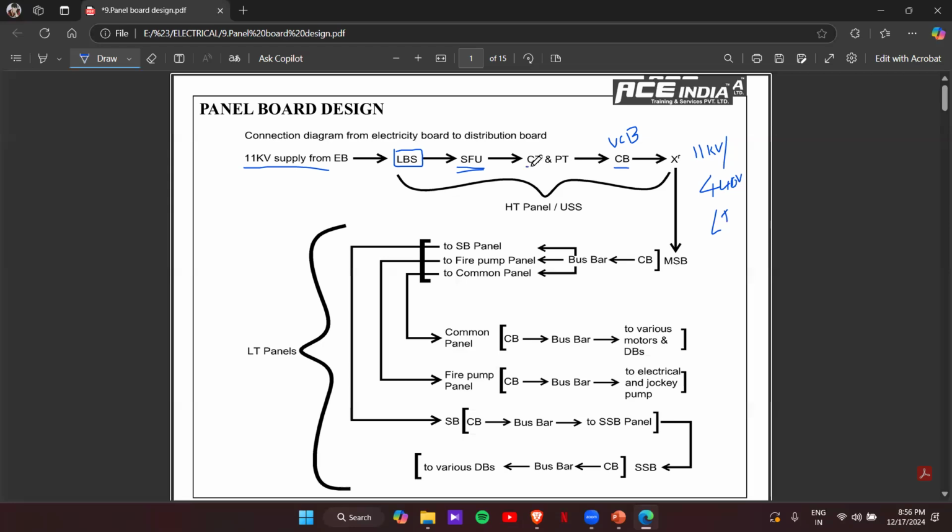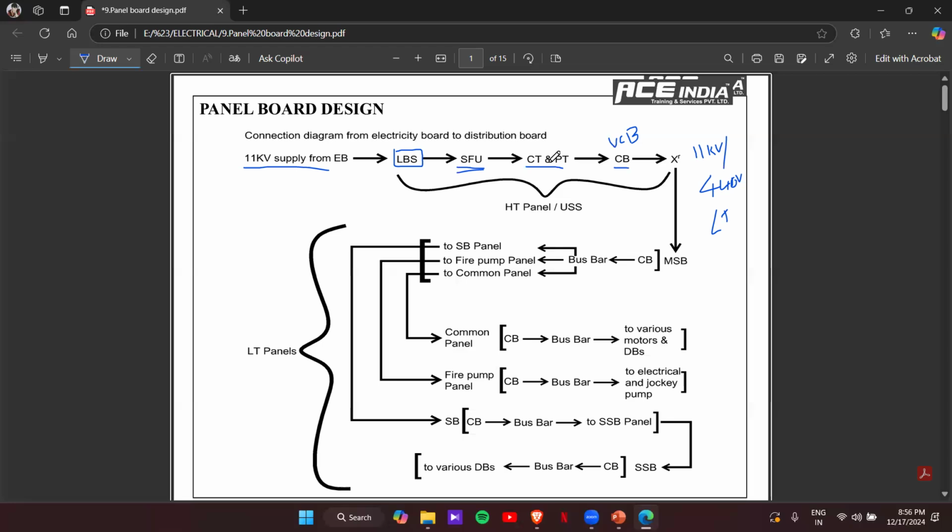The current transformer and potential transformer can be both measuring and protection types. If it is measuring type, a current transformer is for measuring current and an ammeter will be connected, so you get the reading. A potential transformer measures voltage, so a voltmeter will be connected.